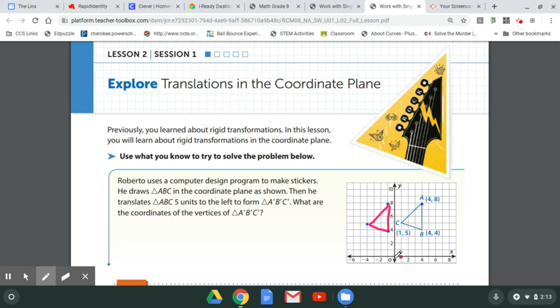we see that this one is to the left one and up 1, 2, 3, 4, 5, 6, 7, 8. So this is -1, 8. And this one here is -1, 4.